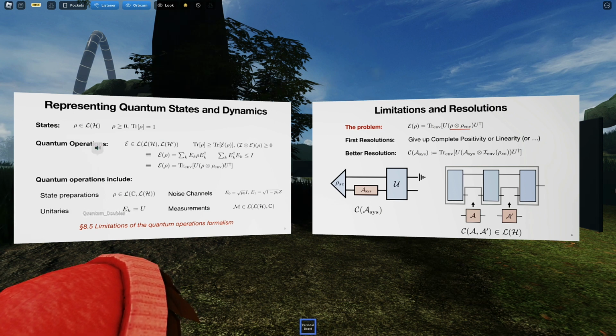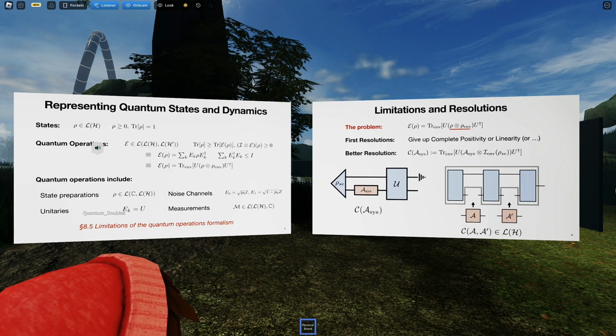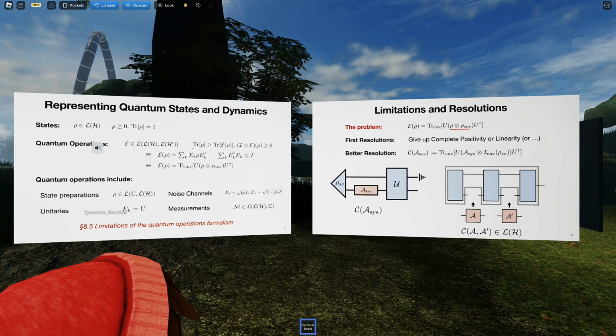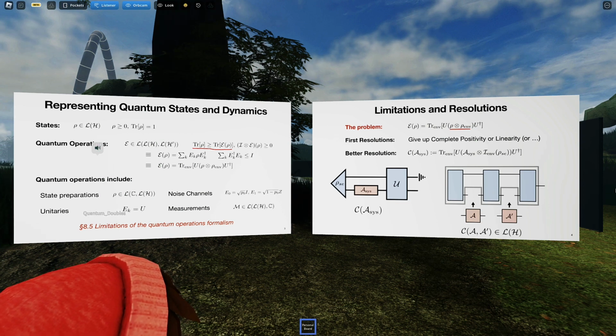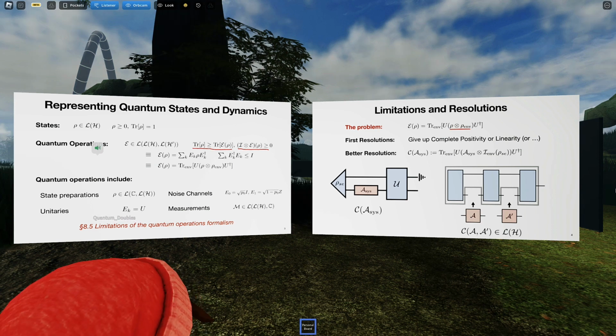Quantum operations are going to describe our dynamics, at least for the time being. These are linear maps. They're trace non-increasing, which is this next condition on the slide. We also have complete positivity, which I've not entirely rigorously denoted with this next condition.